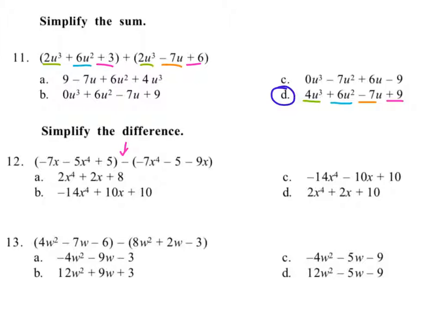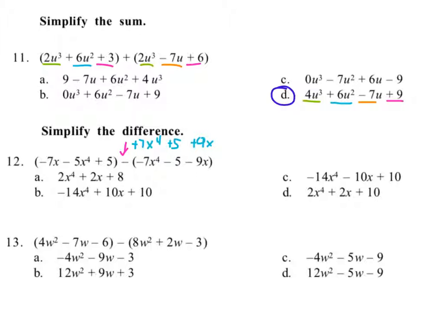When we distribute that through, that turns into positive 7x to the fourth. And then we're going to subtract that negative 5. That's going to turn it into a positive 5. And we're subtracting the negative 9x. That turns it into a positive 9x.